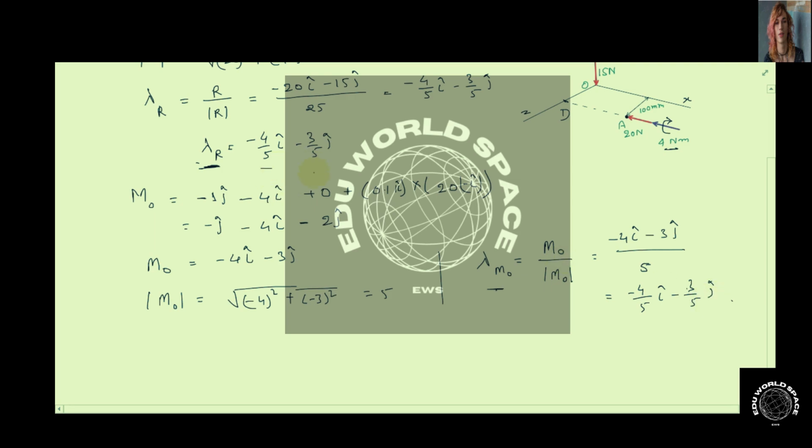So we see that since lambda R is equal to lambda MO, that is, the unit vectors are equal, it means that both the vectors are parallel, and both are in the xy plane, since only the i cap and j cap components are involved.